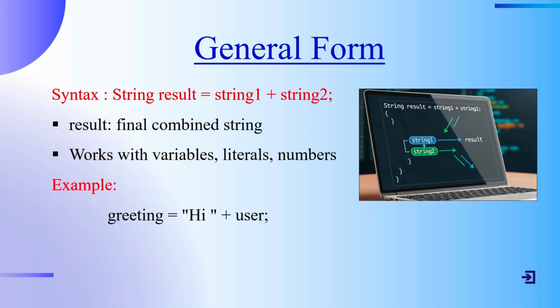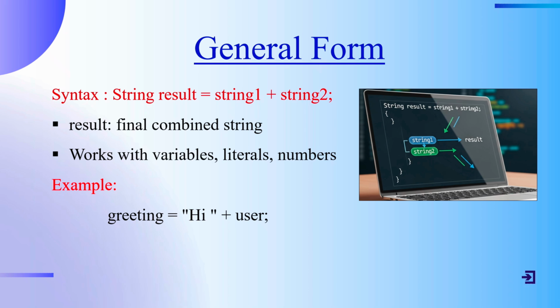Now let us try to understand the general format that is present in concatenation. The formula that we always need to remember is: String result = string1 + string2. Result is the variable which always stores the final combined string.